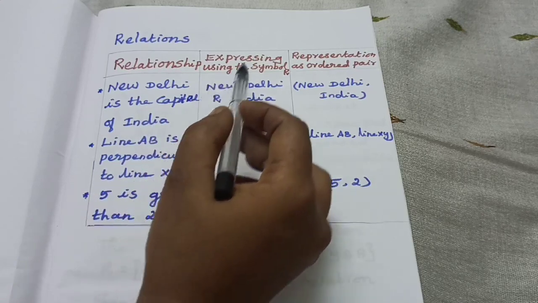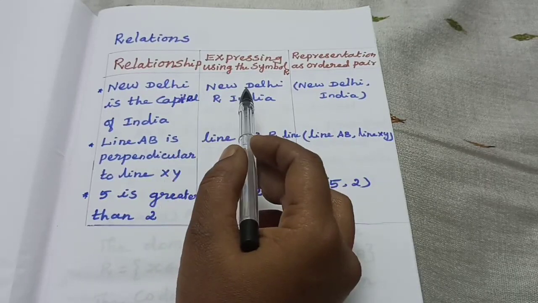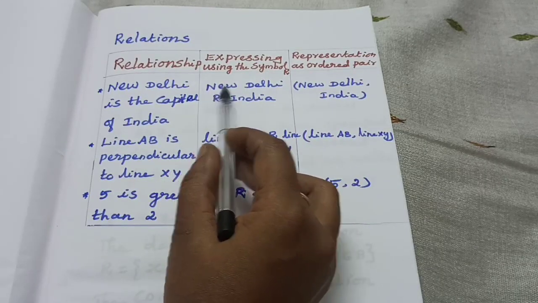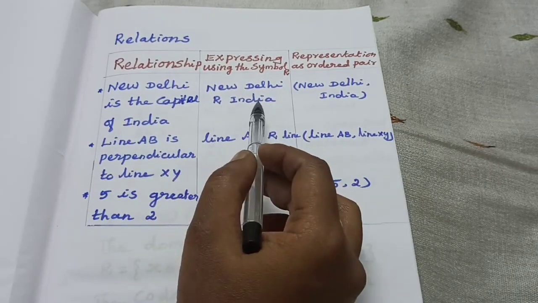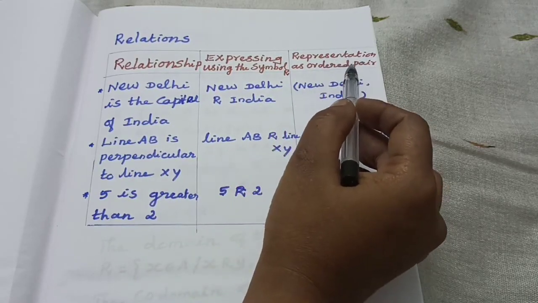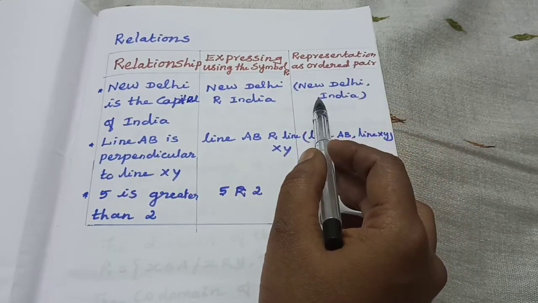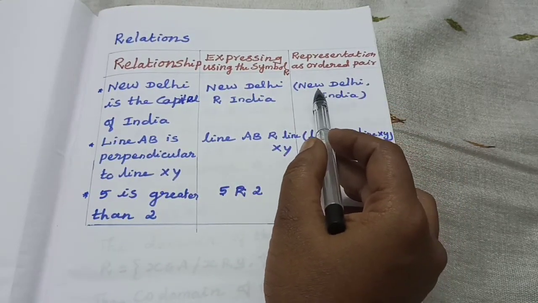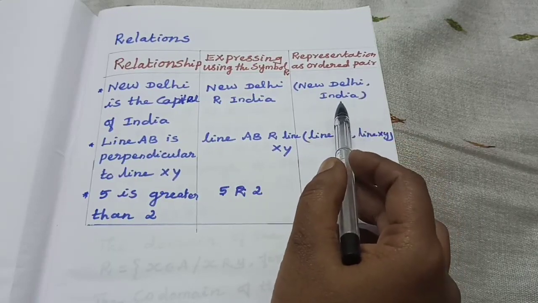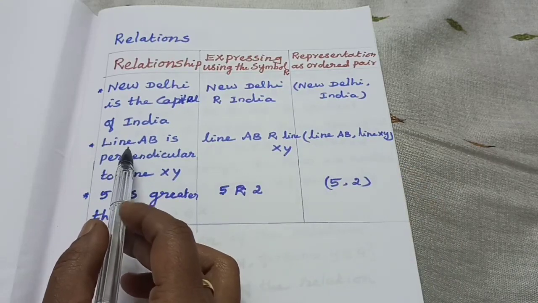Then, expressing using the symbol: New Delhi is related to India. Next, how do we represent it as an ordered pair? New Delhi, India.